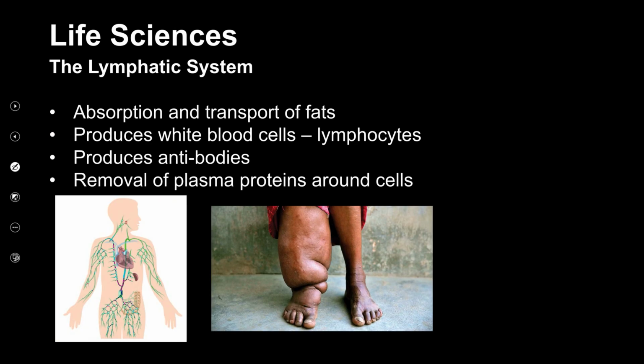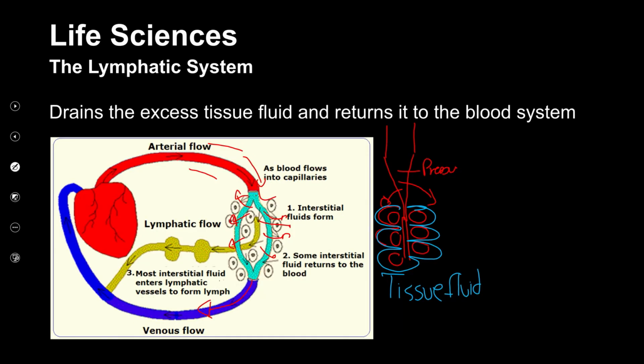I'm going to show you the next slide. This is what's going to happen. Look at this poor lady over here. This is what a normal leg should look like. What's happening here is all the lymph fluid is going into the tissue fluid, and what is not happening? This drainage. It means that her lymphatic system is not working.